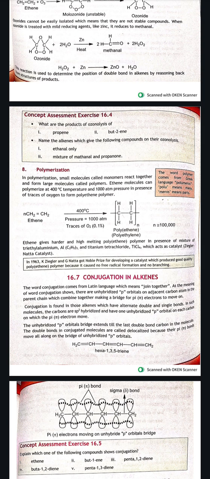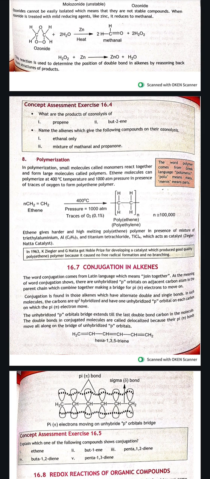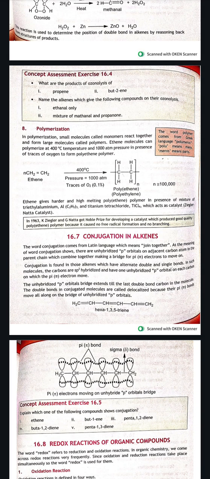So 2 HC(=O)H is the methanal, and hydrogen peroxide will also react with zinc to give ZnO plus water. This reaction is used to determine the position of double bonds in alkenes by reasoning back from the structures of products.